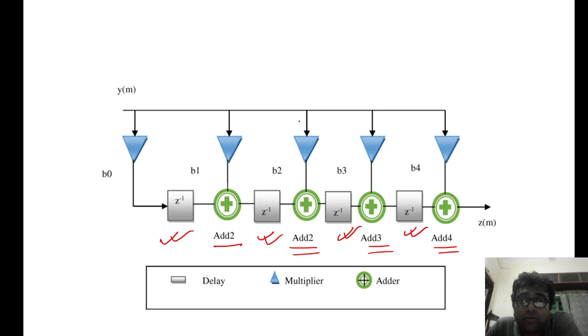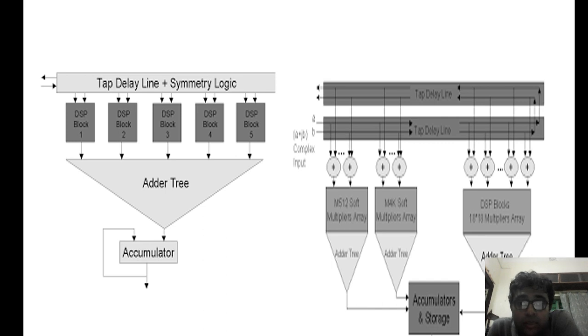The same signal is fed to these points, right? It is multiplied by a few values, goes through a delay element, and again gets added. It's a very commonly known DSP block element. Okay. There is also a little bit more complex example of a DSP element.